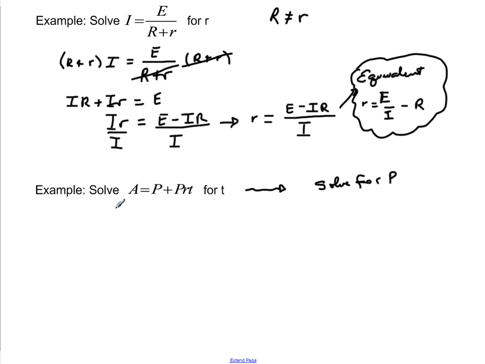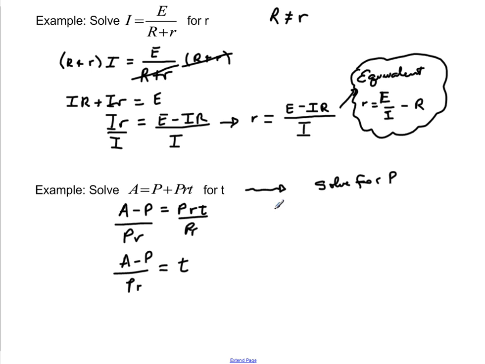Well, this is kind of similar to the last case, where I would subtract P from both sides. I get PRT. And so isolating T means dividing both sides by P times R. That's not hard to do. We can get this: A minus P divided by P times small r is equal to T, and that is our solution to our literal equation right here.